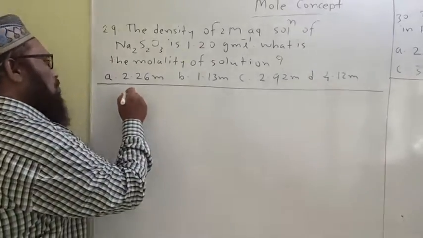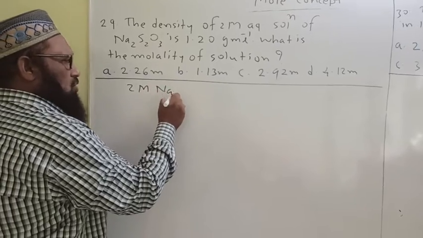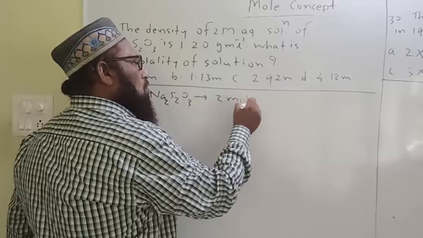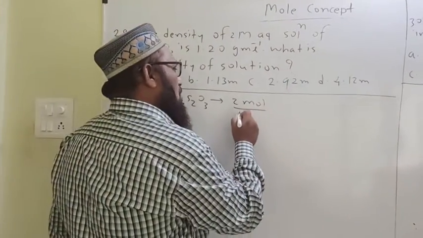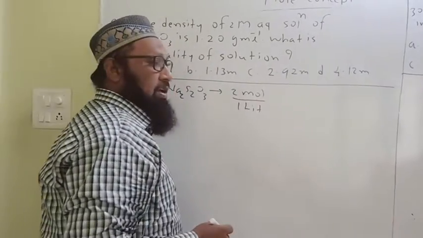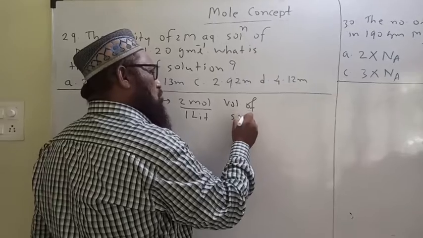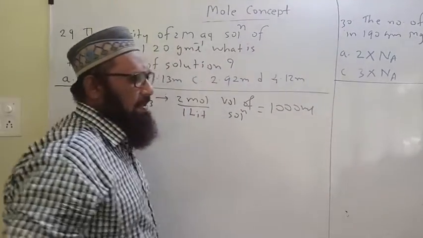What is the meaning of a 2 molar solution of Na2S2O3? It is nothing but 2 mole of Na2S2O3 in 1 liter. Here, what is the volume of the solution? Volume of solution is equal to 1 liter is equal to 1000 ml.